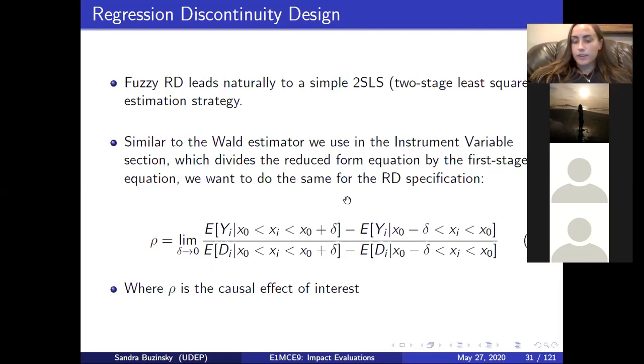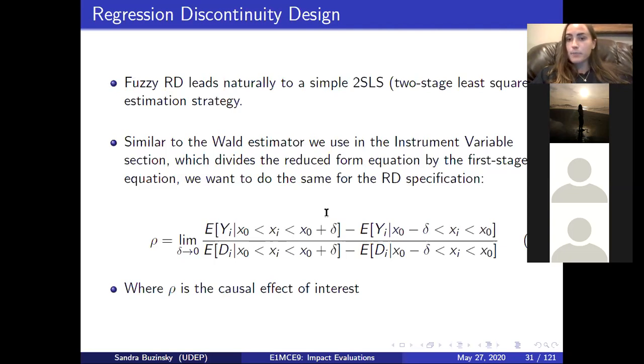It does look very similar to what we saw in the IV section, but it is a bit different because this time we're considering X around a cutoff, right? Here we see that it's the limit as delta goes to 0. Don't let this scare you. Remember how we talked about it on Monday.